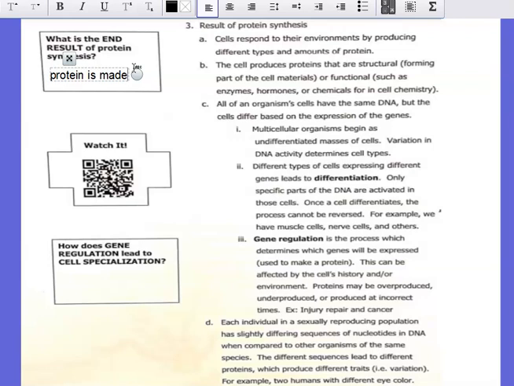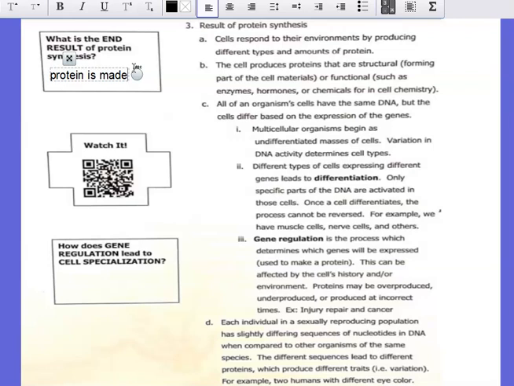So we can have proteins that are structural, meaning they could be part of cell materials. Remember, the cell membrane has proteins in it to help with transport. Or they can be functional. They have a job. So remember, your enzymes, they help speed up reactions. You have hormones, which send chemical messages, or just the chemicals that are used in cellular chemistry.